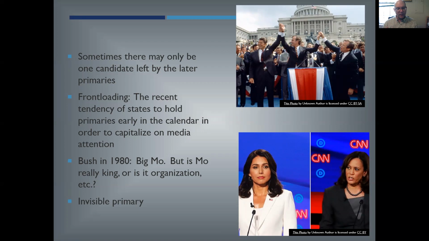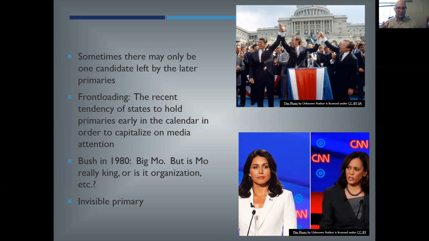Likewise, there is what is called the invisible primary, okay? The invisible primary, the idea there is that party leaders, big donors maybe, but especially kind of senior party people, through endorsements and things like that, help to direct the voters to particular candidates.